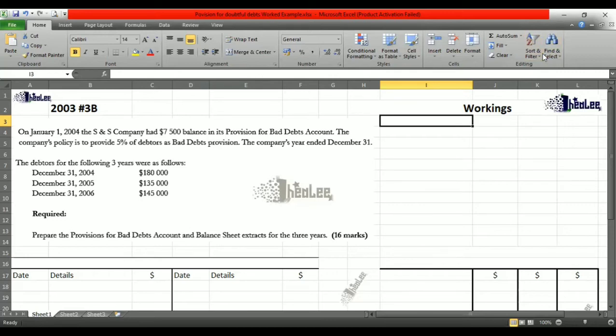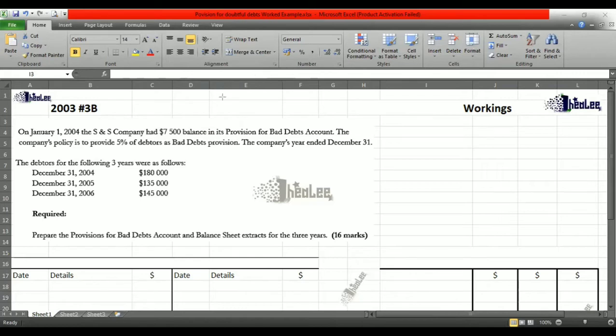Now, what is important to this question is that there is an opening balance of $7,500 in this account. So you need to bear that in mind. This 7,500 is the opening balance in the account.